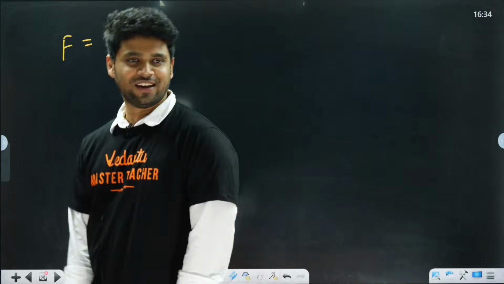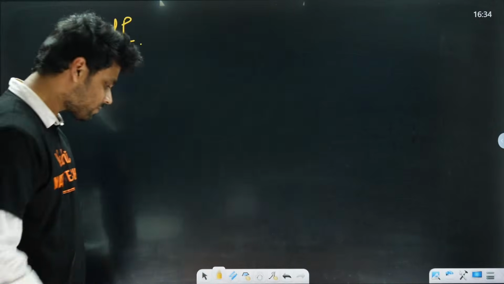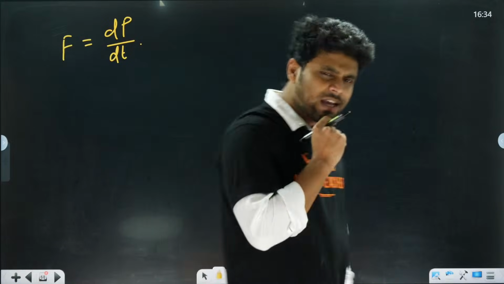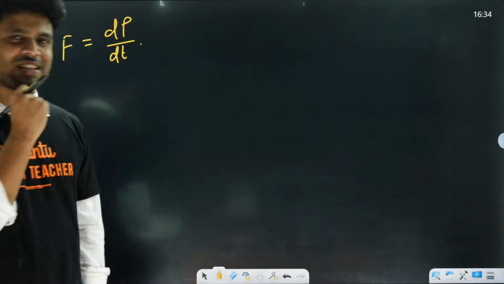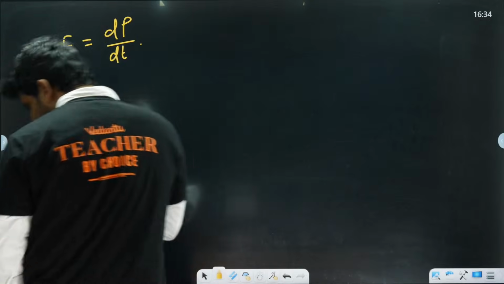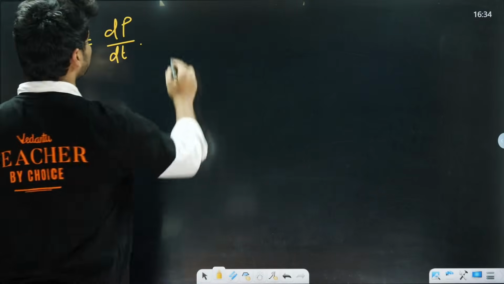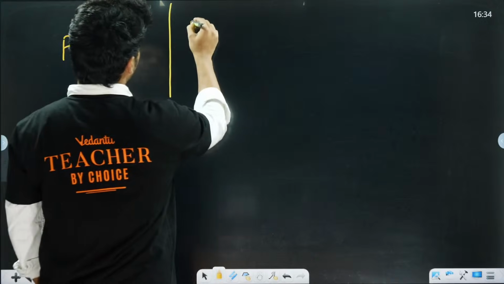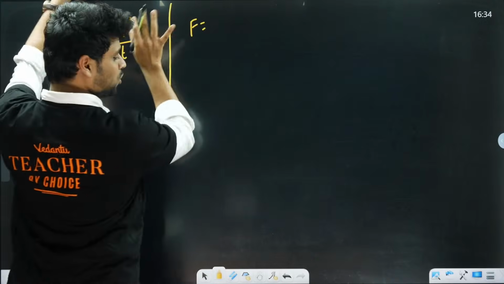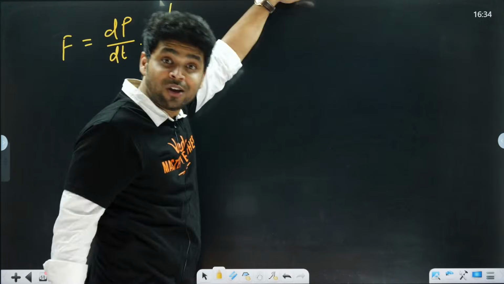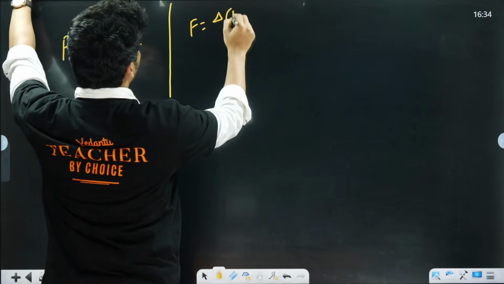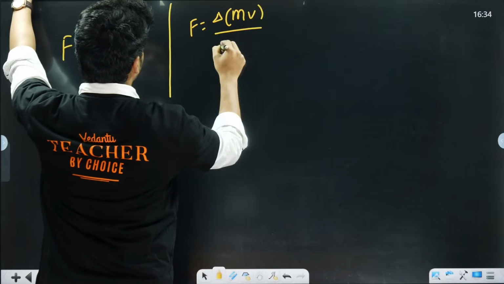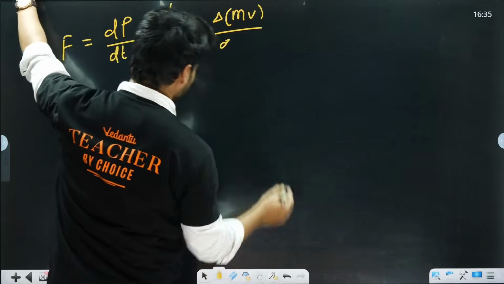To solve it, we have three different types. What is the first one? F is equal to momentum. What is momentum? Mass into velocity. Change in momentum is delta mv divided by delta t.